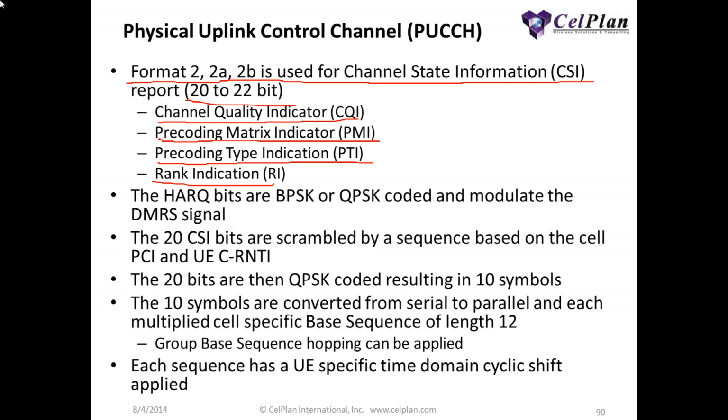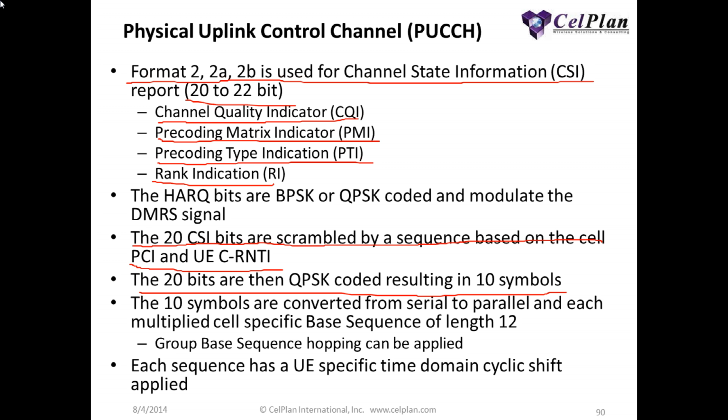But the ACK/NACK is not really sent on the data part of the PUCCH, but it will modulate the DMRS. So the 20 CSI bits are scrambled by a sequence based on PCI and UE C-RNTI, QPSK coded, resulting in 10 symbols.